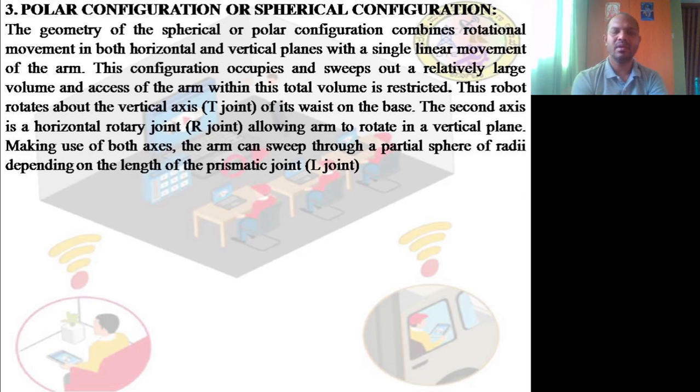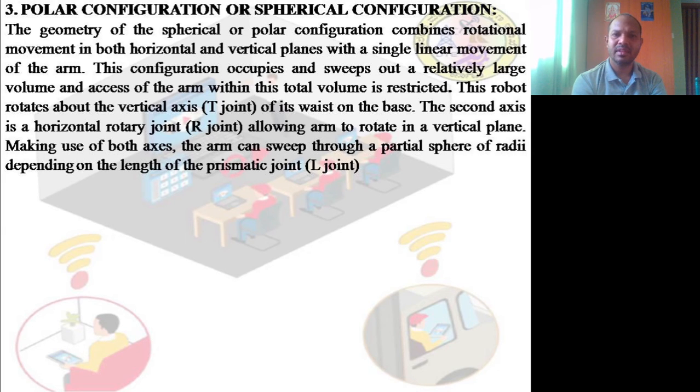Polar coordinate configuration, or a spherical configuration. The geometry of the spherical or polar configuration combines rotational movement in both horizontal and vertical planes with a single linear movement of the arm. This configuration sweeps out a relatively large volume, and the axes of the arm within this total volume are restricted. This robot rotates about the vertical axis.